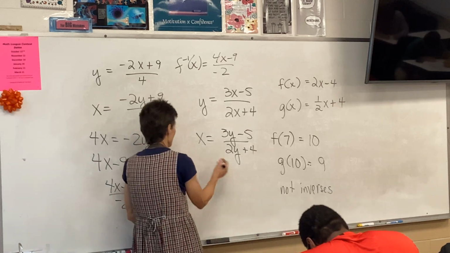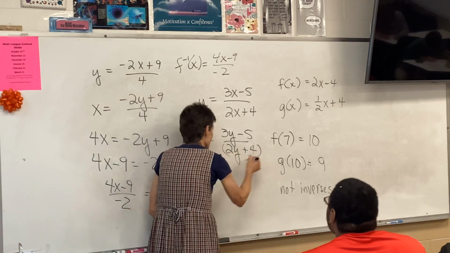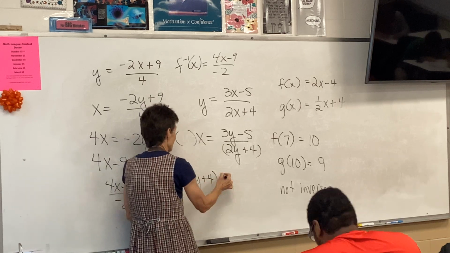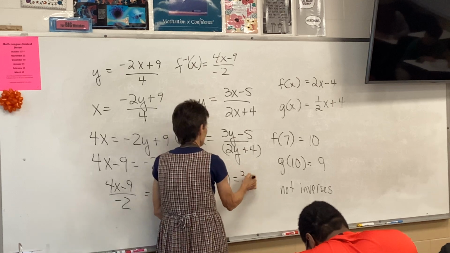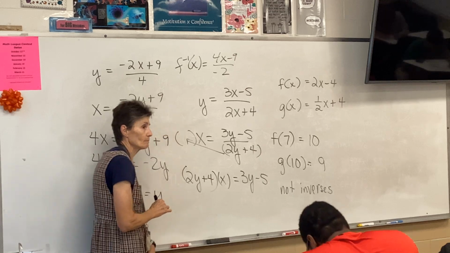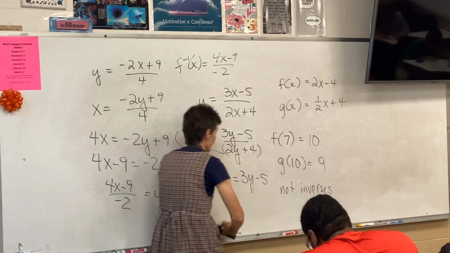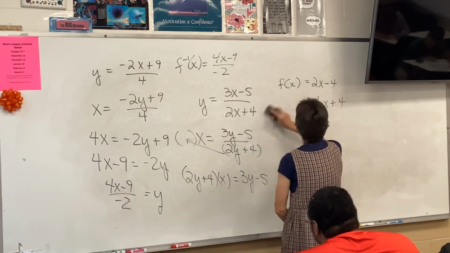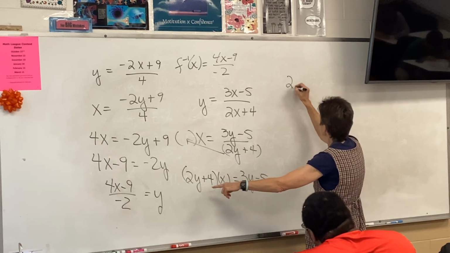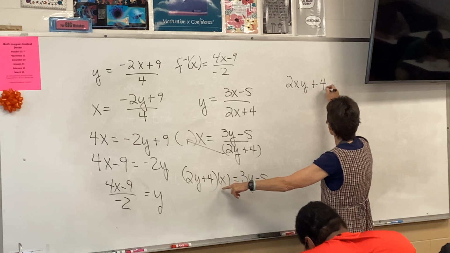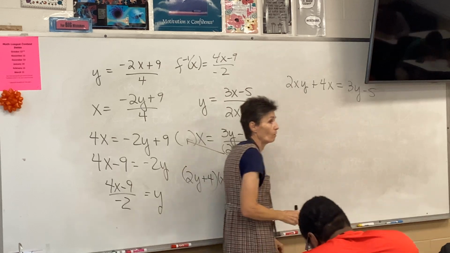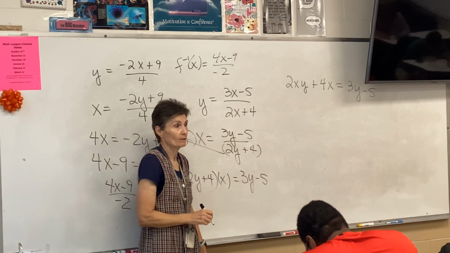Multiply by the denominator, so I'm going to bring this over here. So I'll have (2y plus 4) times x equal to 3y minus 5. So this comes over here. Then what? Distribute. So 2xy plus 4x equals 3y minus 5. Okay, now, very important step here.